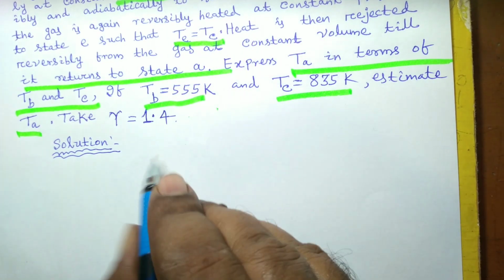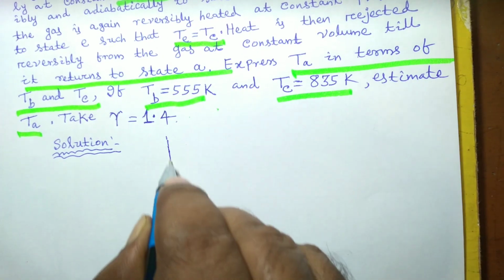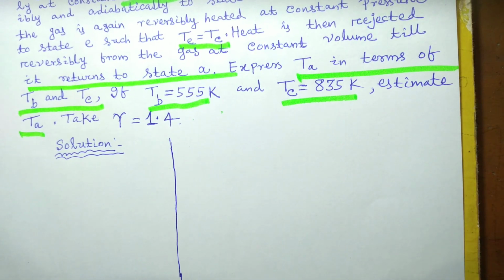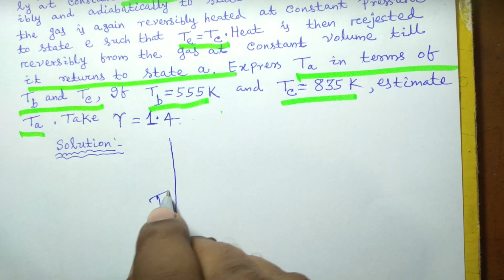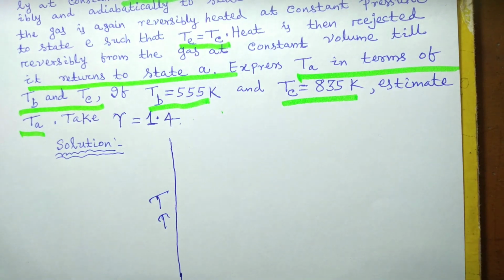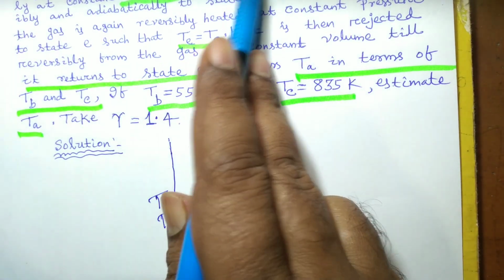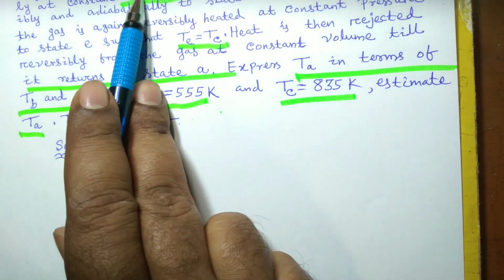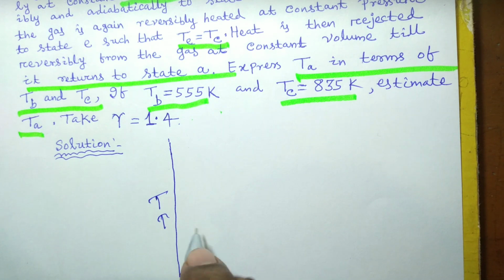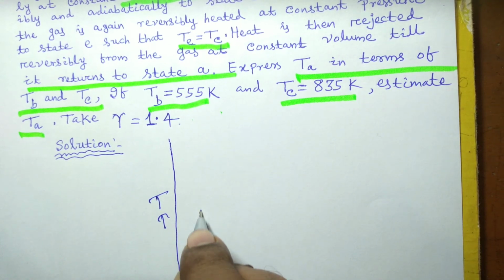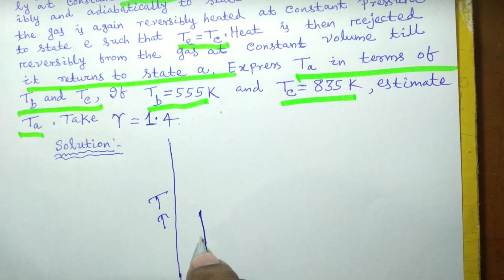So first we have to plot the Ts diagram. Ideal gas is compressed reversibly, this is temperature and this is entropy. The statement is: ideal gas is compressed reversibly and adiabatically from state A to state B. You know, when a gas is compressed reversibly and adiabatically, it is an isentropic process.